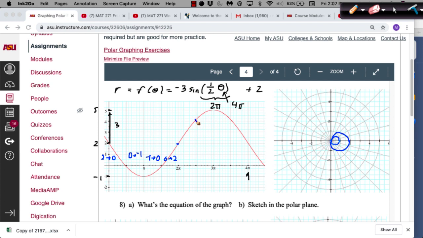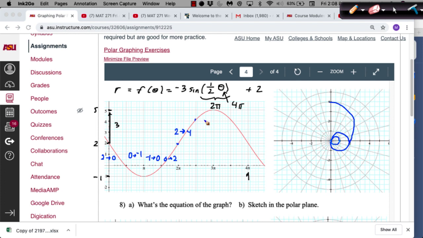Is that right? So starting at 2, do you see R is increasing, increasing? As you sweep through the quadrant, those points are a greater R value than the one before.